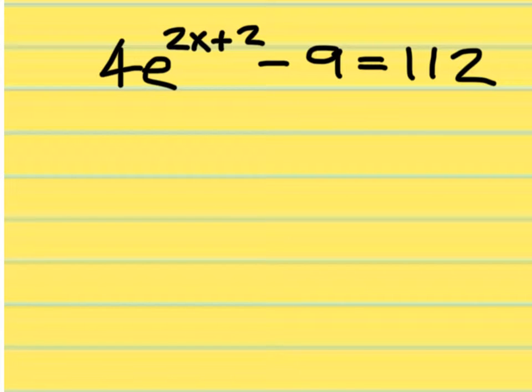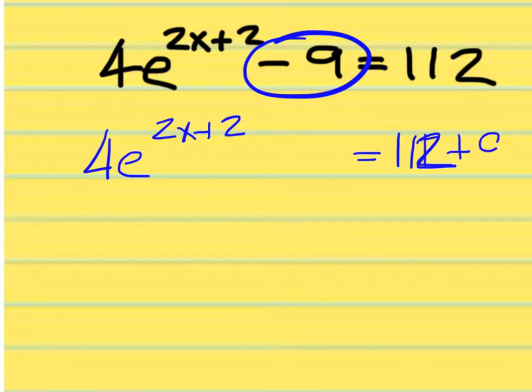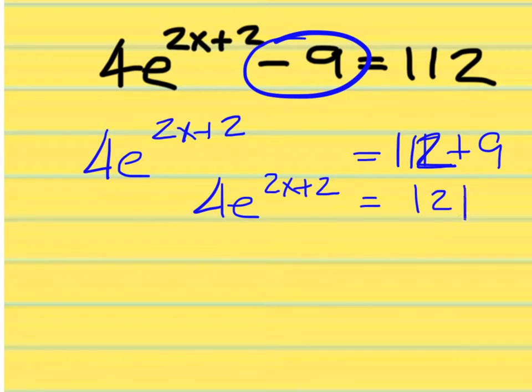And to do that, we must get this over to the other side. So leaving this alone, we now have 112, not 111, but 112 plus 9. And simplify that, leaving this alone, to come up with 121.